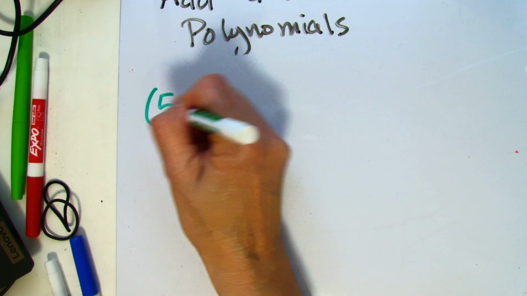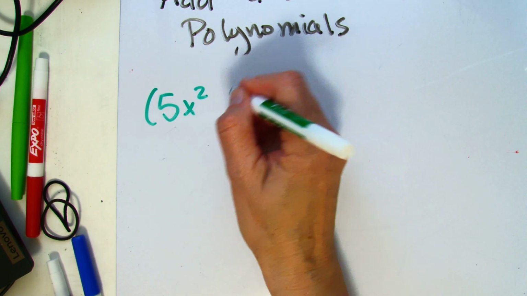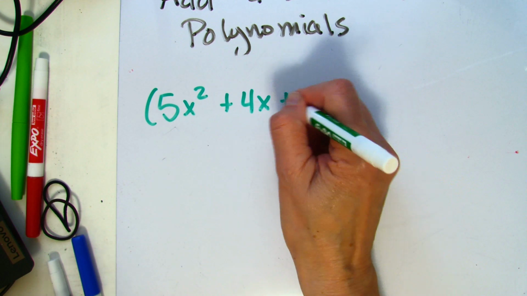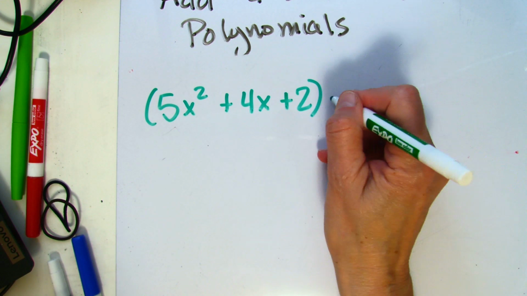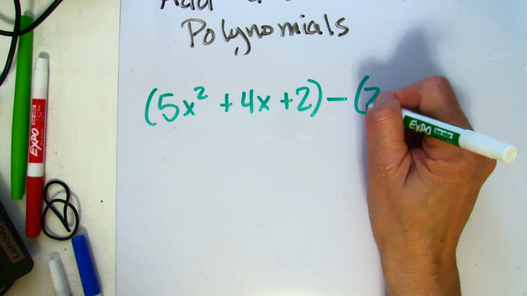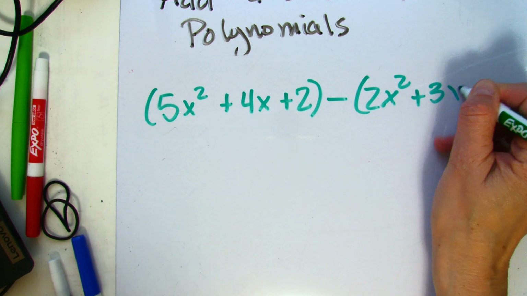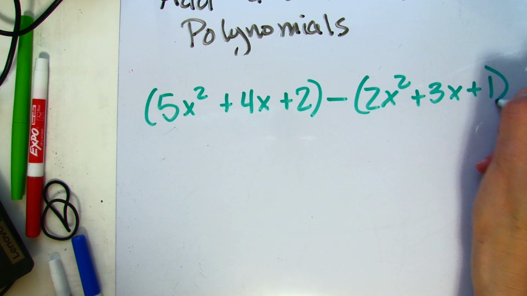Here we have 5x squared plus 4x plus 2 minus 2x squared plus 3x plus 1.